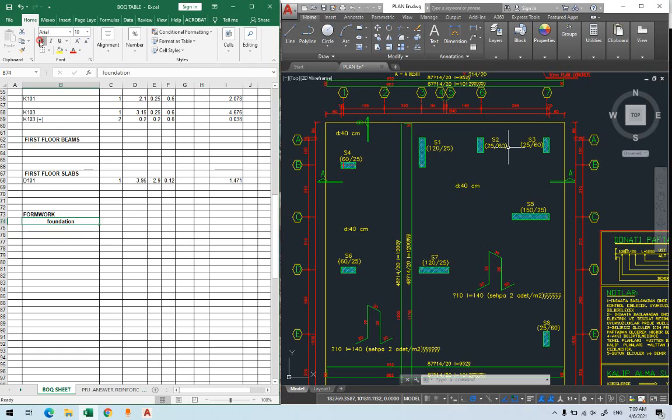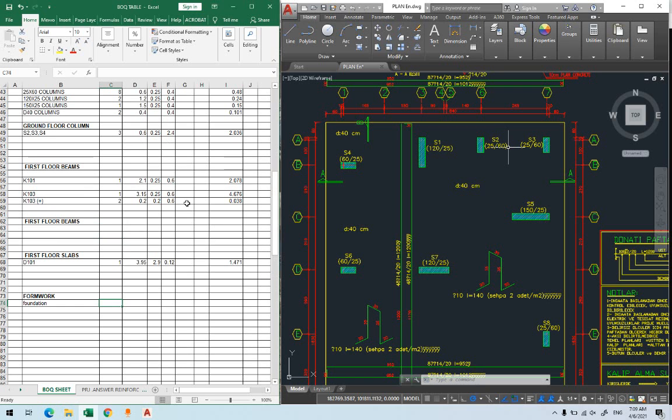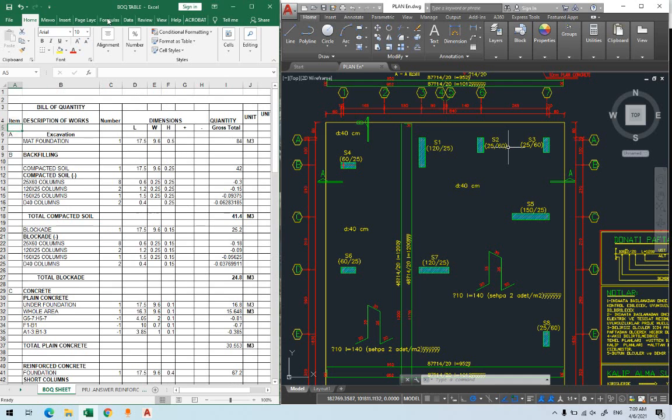Now we have only one foundation here. We don't have a single footing. If not, you could have just written each of them, for example, single footing 1, 2, 3, and you can write their details. Now what do we have here?